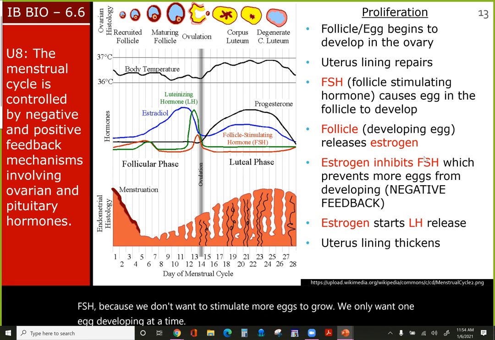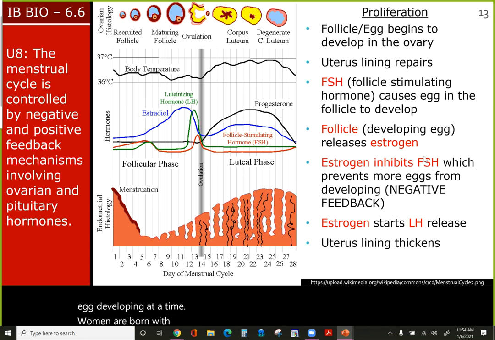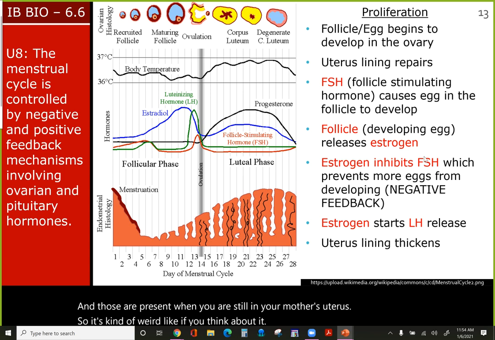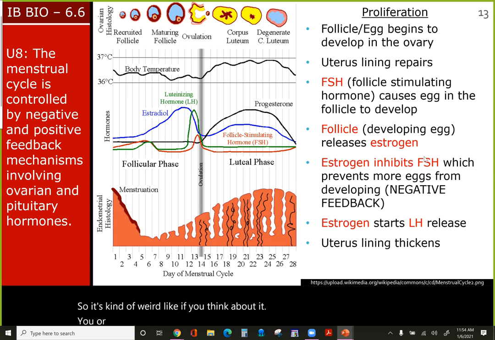Women are born with the total number of cells that are going to become eggs. And those are present when you are still in your mother's uterus. So it's kind of weird if you think about it. You, or the egg that became you, was present in your grandmother's uterus, because it was present in your mother, in your grandmother's uterus.